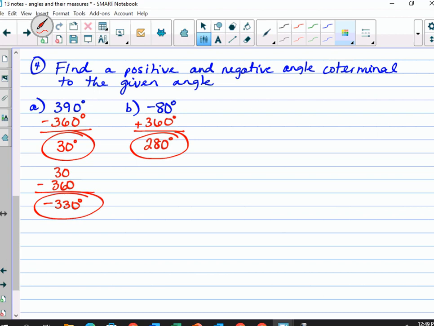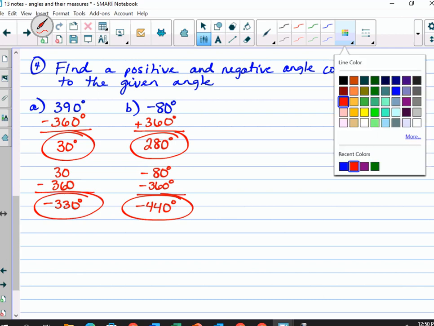You could just go around your circle over and over and over. We're just going to find one positive and one negative, but there's lots of them out there. To get the negative, I'm going to go back to the negative 80 and then subtract my 360. What did you guys get for that? Yes, negative 440.